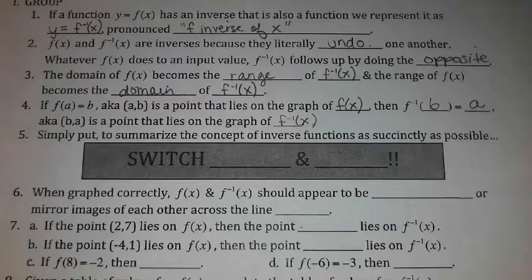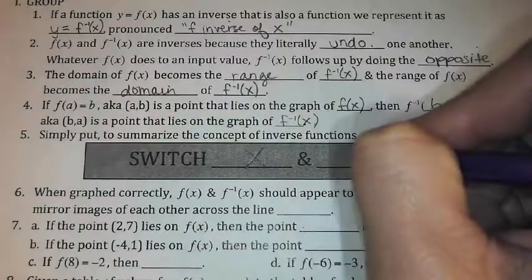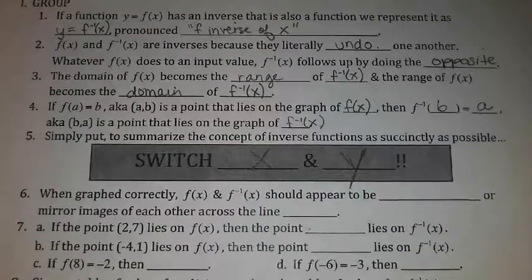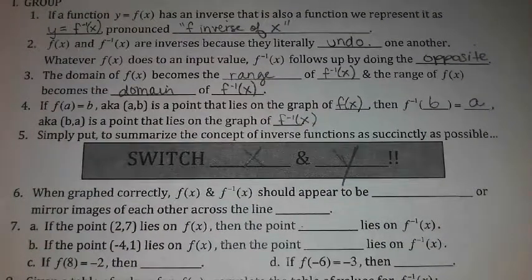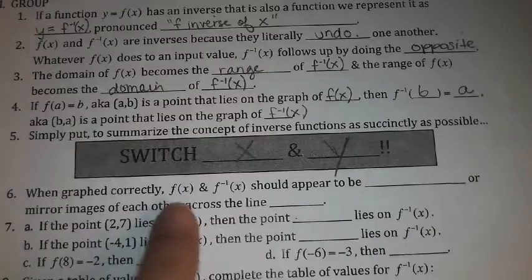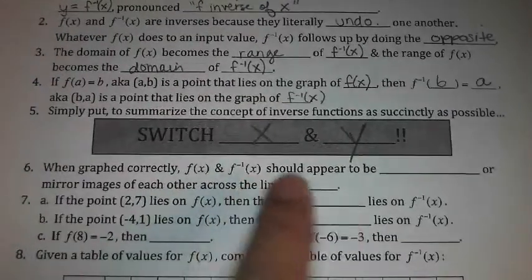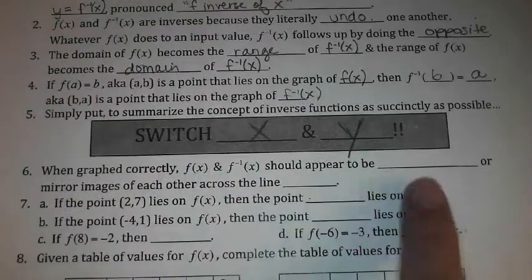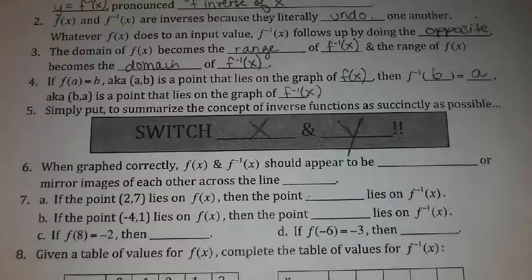So I like number 5 because it makes it very simple. To summarize the concept of inverse functions as succinctly as possible, we switch x and y. When graphed correctly, f of x and f inverse of x should appear to be blank or mirror images of each other.